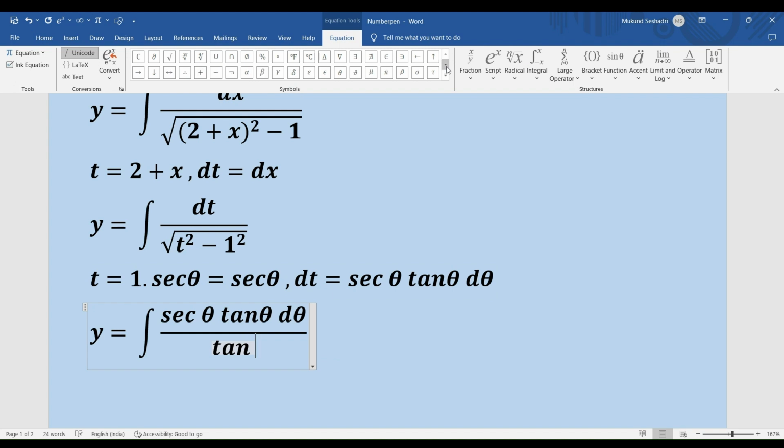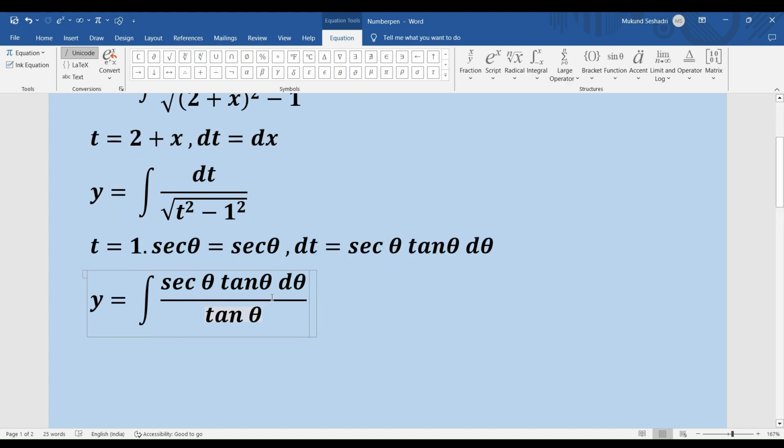So now you understand why I made the substitution t equals 1 secant theta. And imagine if you had made a substitution a sine theta or a cos theta, you would have struggled to solve this particular problem. And when you practice more and more problems of this type, I'm sure you will be able to arrive at the substitution that you need to make to solve the problem easily, right? Now I can cancel out the tan theta in the numerator with the tan theta in the denominator, and I'm left with the integral of secant theta d theta.